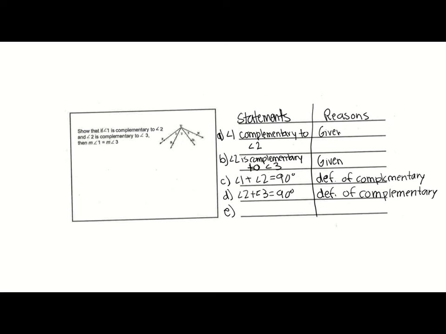My next thing I'm going to do, if both of these equations are equal to 90, I'm going to substitute. If angle 1 plus angle 2 equals 90 and angle 2 plus angle 3 equals 90, then I can say angle 1 plus angle 2 is equal to angle 2 plus angle 3. Substitution.